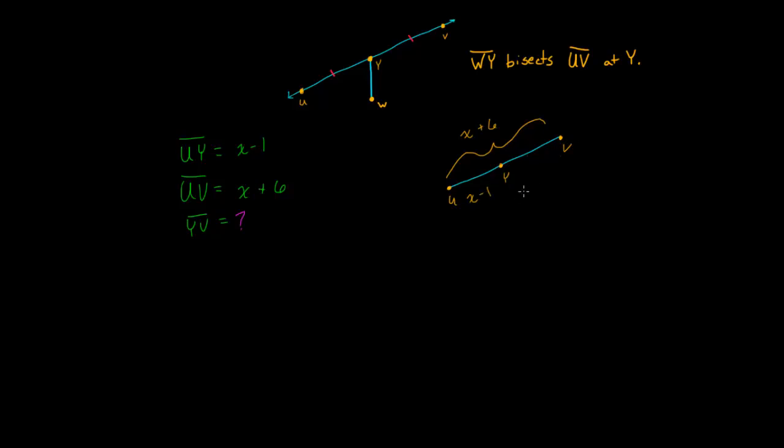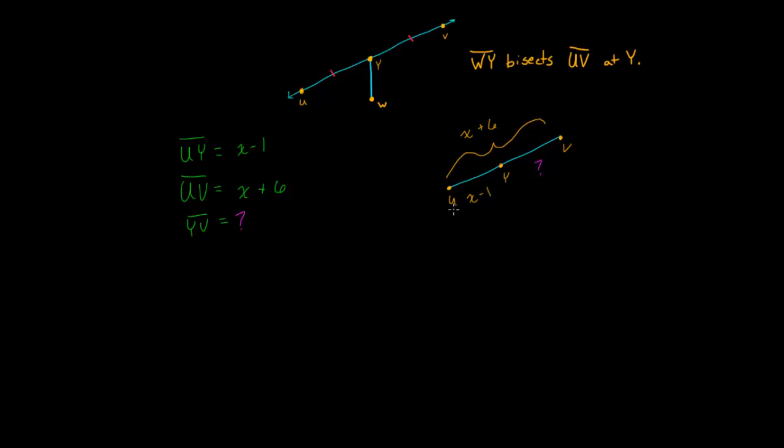Alright, so now we've got to determine how to find what YV equals. We don't know exactly what YV equals. But first, we've got to figure out what this x is.